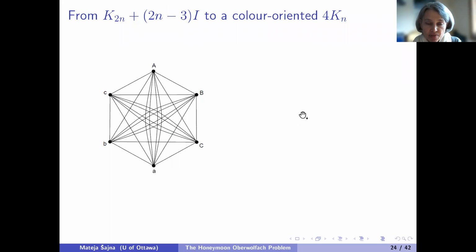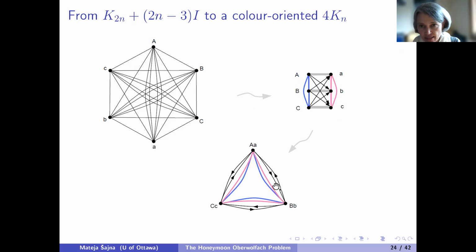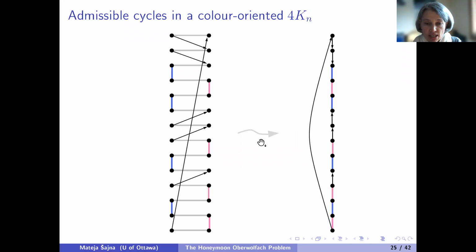Now, what happens? So this is now the example. We color all the edges and then we condense it to the 4-fold color oriented K3 in this case. But what happens to our cycles? So let's look at an arbitrary cycle in the original graph. As we move along the edges, we will see that a blue edge, for example, can be followed by a pink edge.